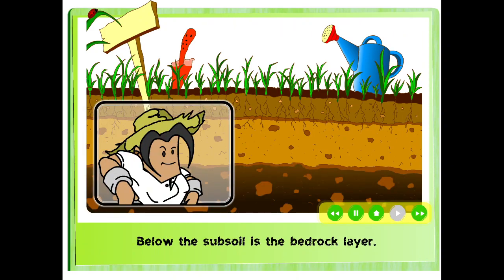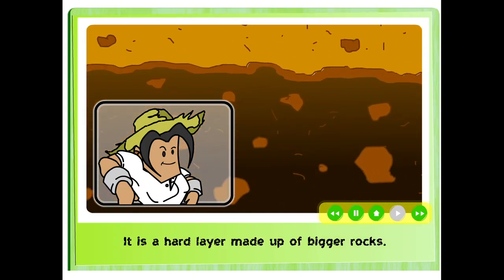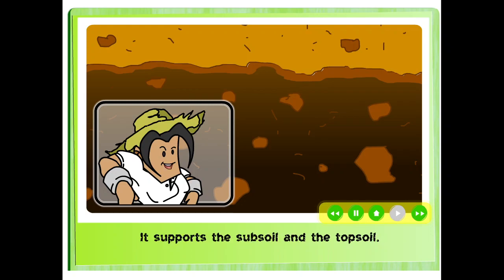Below the subsoil is the bedrock layer. It is a hard layer made up of bigger rocks. It supports the subsoil and the topsoil.